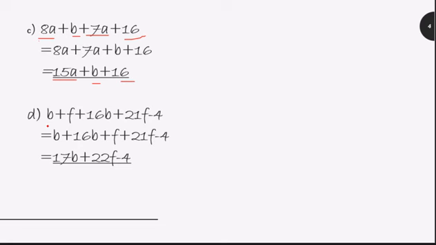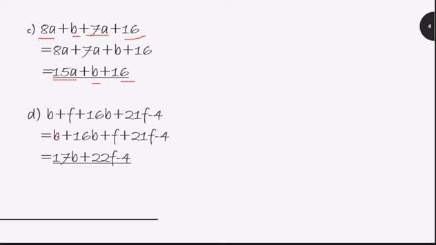Okay, b plus f plus 16 plus 21f minus 4. Collect all the like terms together and do what, friends? Add and simplify. Okay, add or subtract in the same manner.